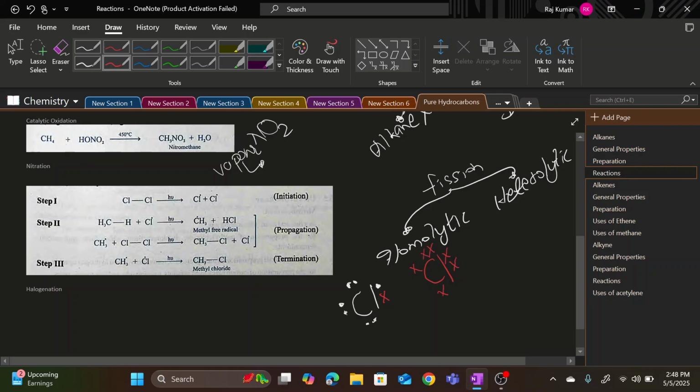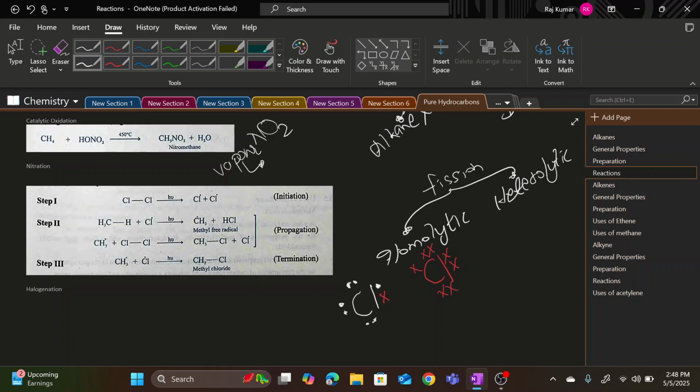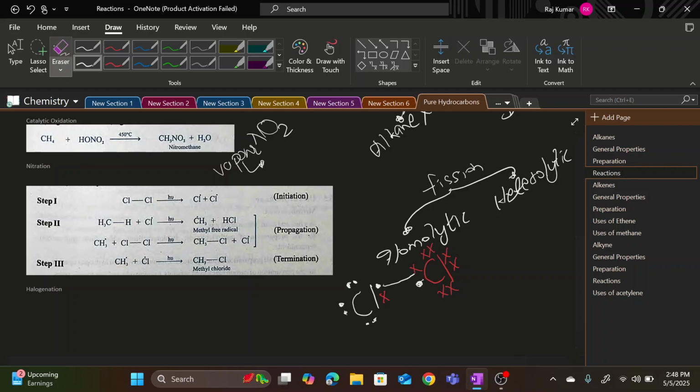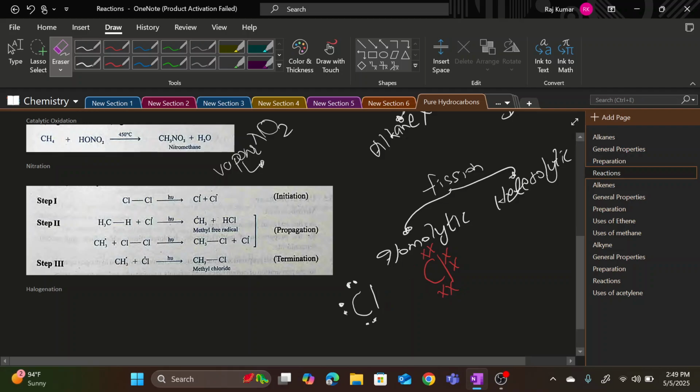Here are the electrons of the other chlorine molecule, and this is how we have made the bond. The diagram does not make sense essentially, so I'm going to mark it over here, because these actually have a covalent bond, so they are actually sharing electrons. All right, so this is a chlorine molecule.